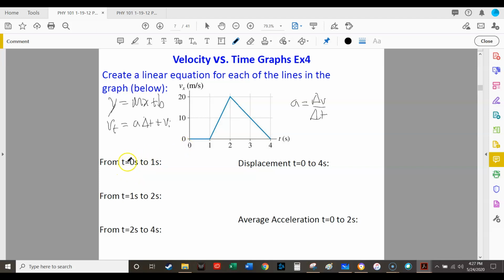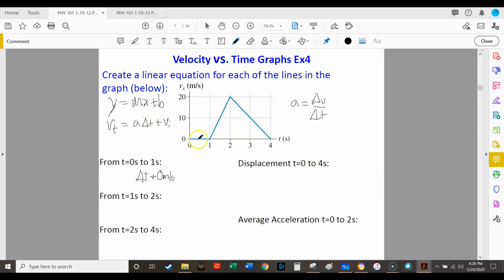Well, here we go. What was your initial velocity here? Well, it is 0 meters per second. And you're noticing I'm starting out with the y-intercept. I always find that's a lot easier. Then delta t, and then I'm going to do the slope part.